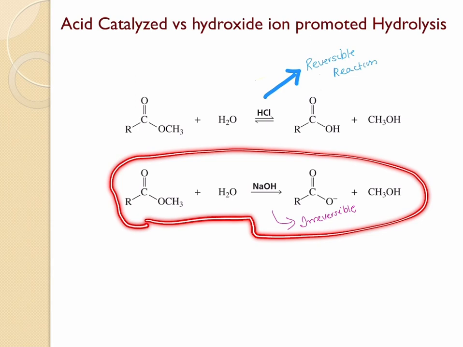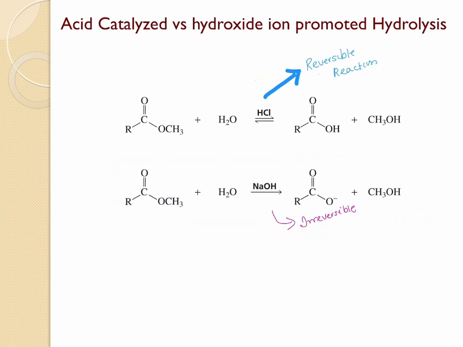Instead, it is called hydroxide ion promoted hydrolysis because the hydroxide ion is getting used up in the reaction. If it were a catalyst, then you would be able to recover the catalyst at the end of the reaction. But here, the hydroxide ion is consumed in the reaction. As the hydroxide ion acts as a nucleophile, it is being consumed in the reaction. So that is one of the differences between the acid catalyzed and hydroxide ion promoted hydrolysis.